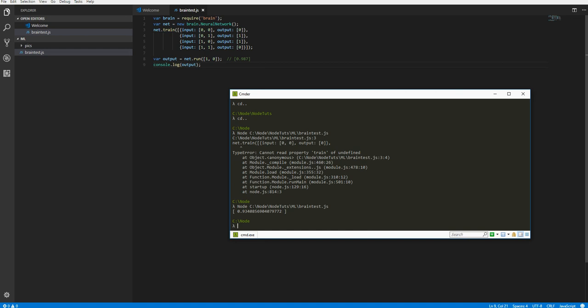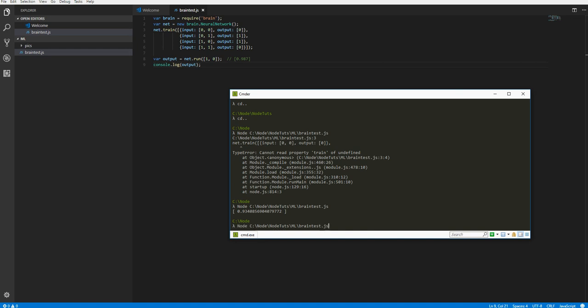We train our network by using the inputs 0 0, 0 1, 1 1, 1 0 as the train set, and then we call 1 0 for the result. It created 0.93. Sometimes it creates different results.